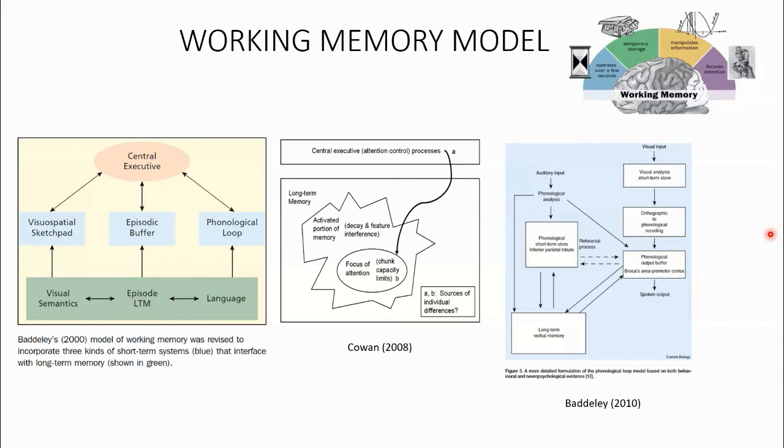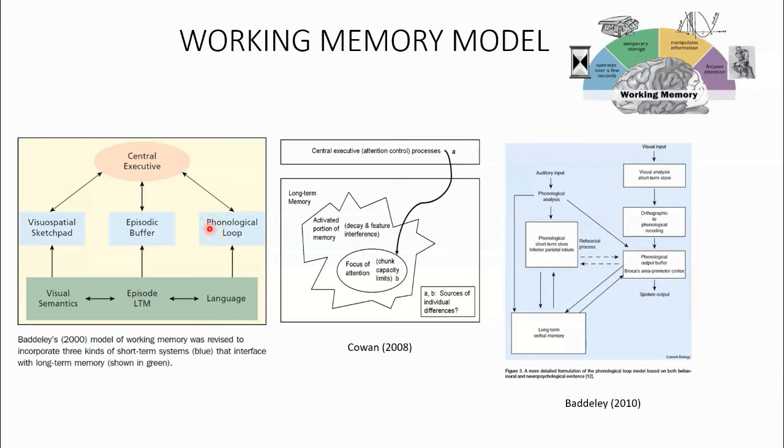However, in the year 2000, Baddeley introduced another component called the episodic buffer into the working memory system. The episodic buffer is proposed as a temporary storage system that modulates and integrates different sensory information.